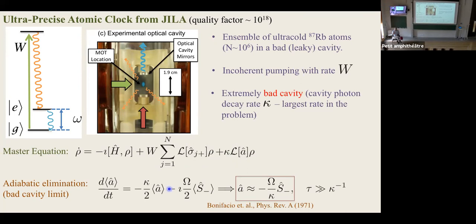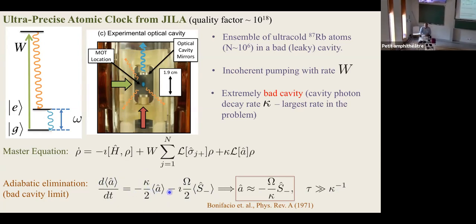Now, because it's a bad cavity, the electromagnetic field in the cavity equilibrates with the atoms essentially instantly, at a time scale equal to the inverse decay rate. So take a look at this equation for the expectation value of the cavity field, which follows from this master equation. Because this kappa is very large, the expectation of a quickly goes to a constant, which is proportional to S minus.